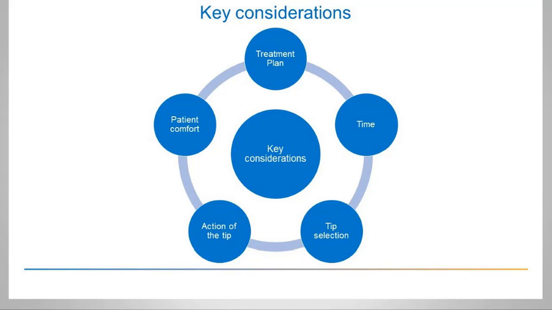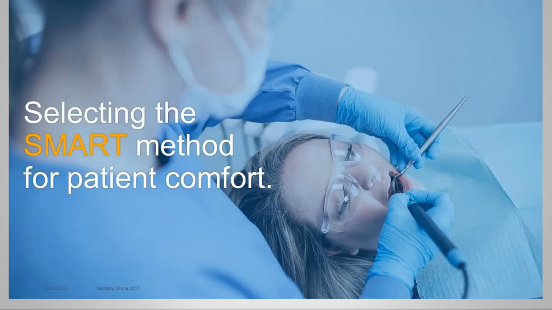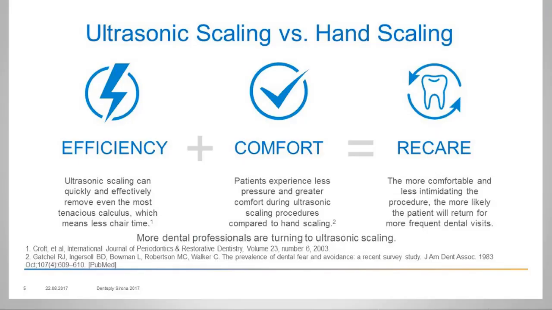As we move through today's presentation, we will look closely at tip selection to see how this impacts debridement success. We'll take a look at time management and patient comfort. This is what I would call the smart scaling method. This is based on efficiency and comfort.